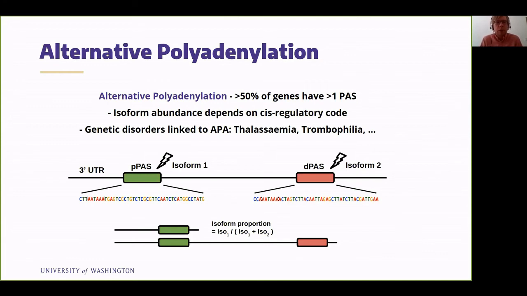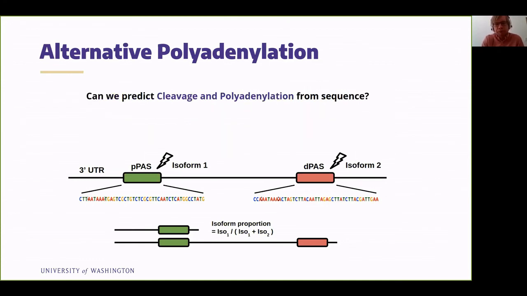It's this regulatory code. Alternative polyadenylation, in general, is an important mechanism to study because numerous genetic disorders have been linked to it, such as alpha-beta thalassemia and thrombophilia, to mention a few. So the fundamental question we ask is, given the primary sequence of these polyA signals, can we predict cleavage and polyadenylation?